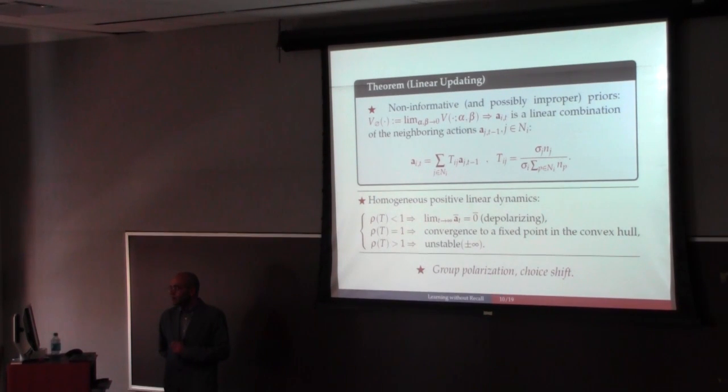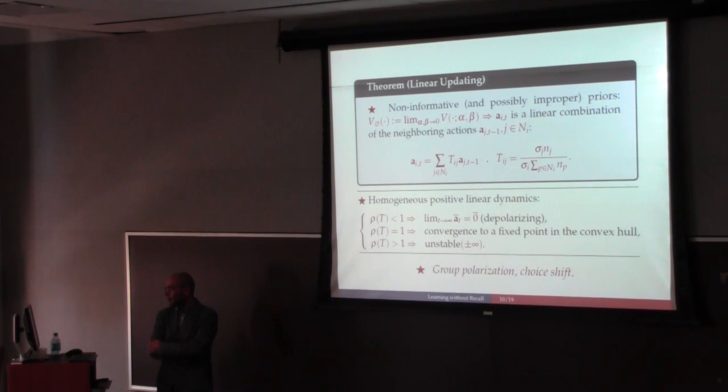So once the agents start from non-informative priors, their action updates would become linear action updates. So we lose the affine constant. The affine constant would be 0. And this time we get a homogeneous positive linear dynamics. If the spectral radius of the coefficients is less than 1, the group is what we call a depolarizing group, meaning that the agents reach a consensus on a middle action.